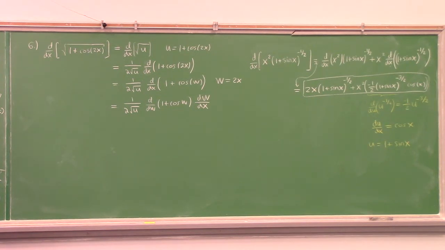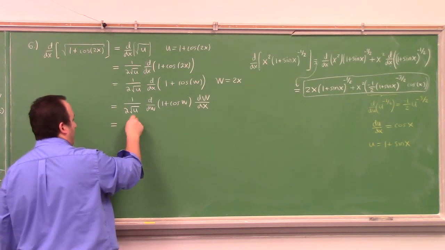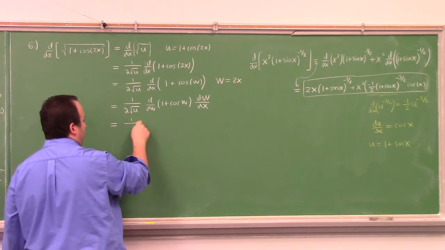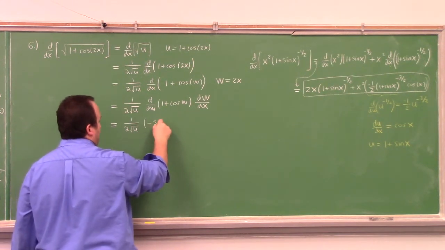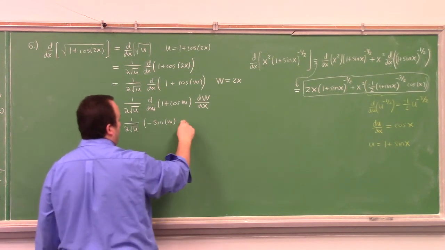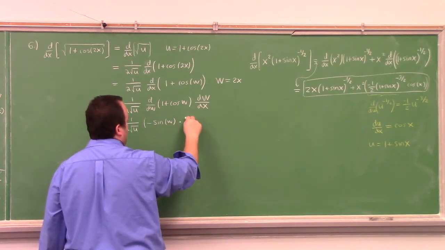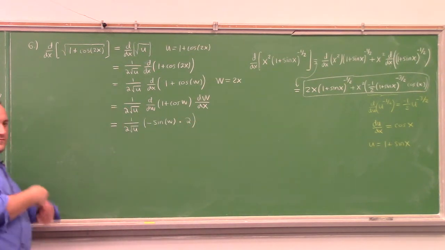What's the derivative of 1 plus cosine w? Negative sine w, right? So 1 over 2 times the square root of u, minus the sine of w. What's dw dx? Just 2. So our differentiation's done.